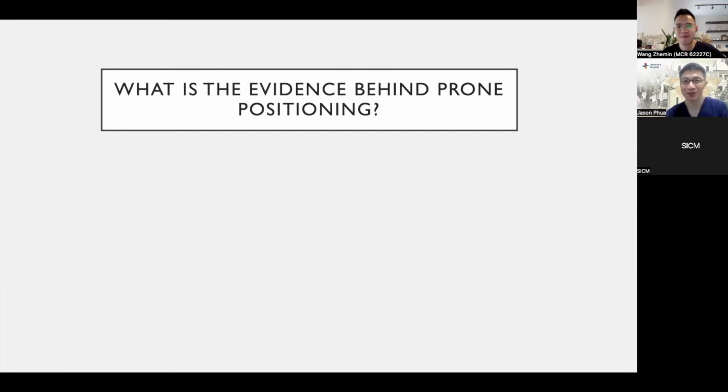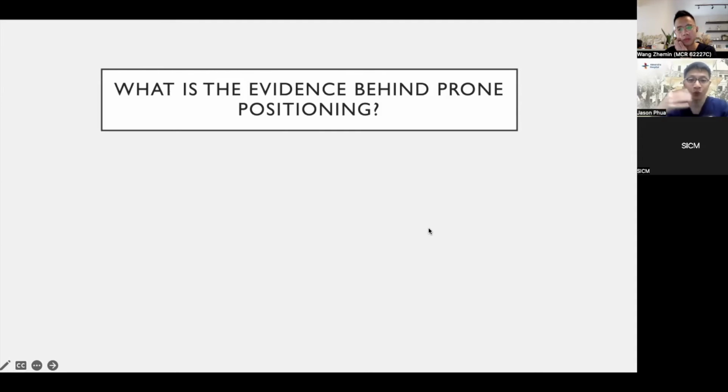So you pronate the patient, you turn the patient into a prone position, and you can reduce the mortality by half. Okay. By half, and that's a lot. So that's why 150 is the threshold.